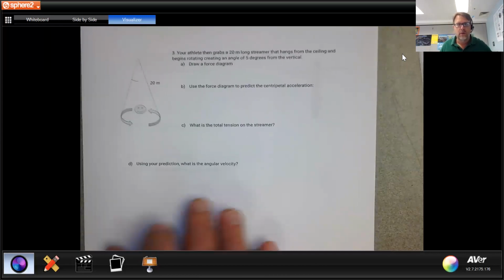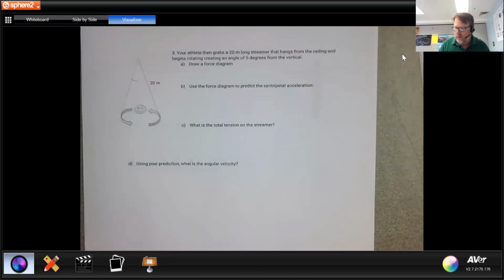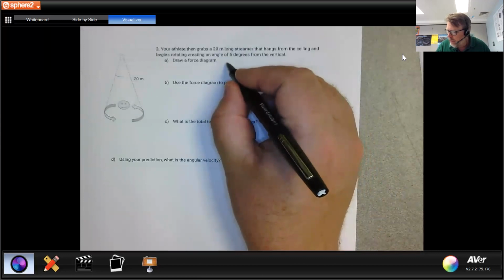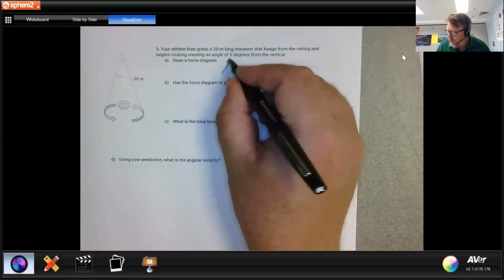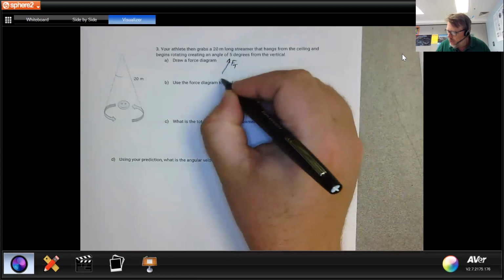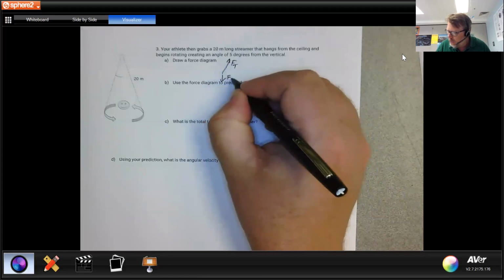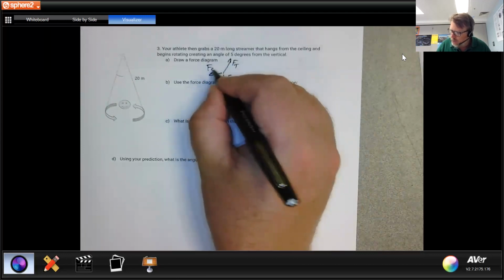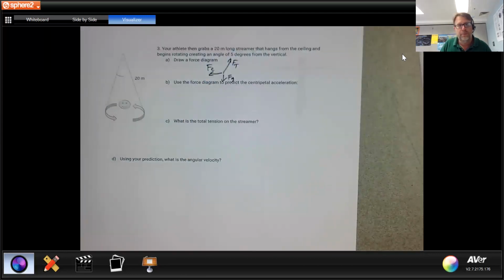Number 3, draw your force diagram. So what do we have? We have our force of tension going this way, a force of gravity going that way, and our force centripetal going this way.